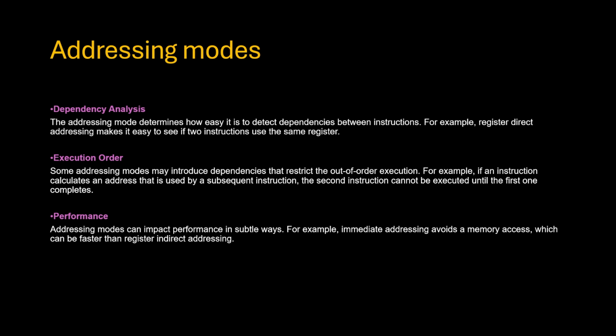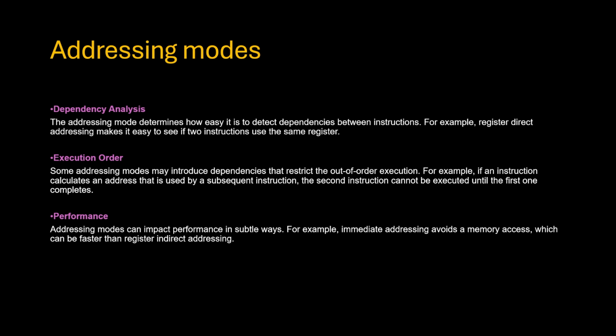Third, performance. Different addressing methods can affect how fast the processor works. For example, immediate addressing, where the data is part of the instruction, can be faster than register indirect addressing, where the data is in the memory location pointed to by a register.